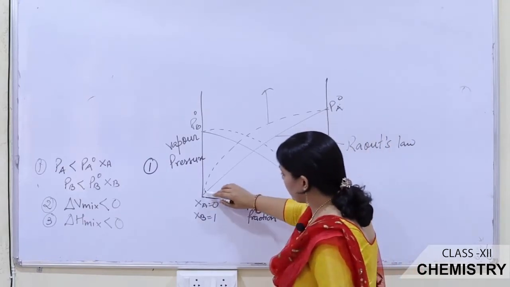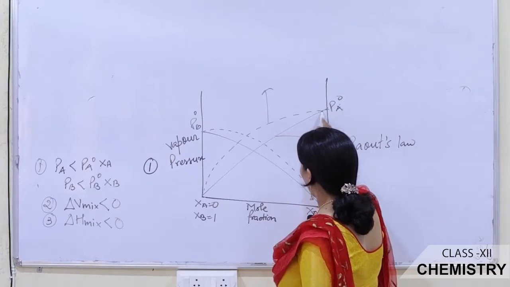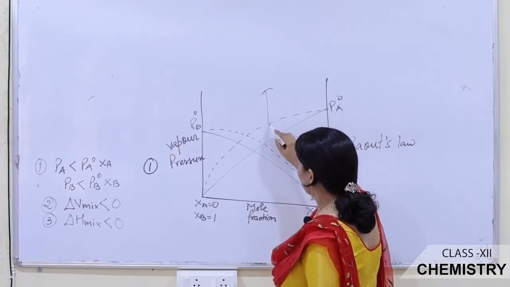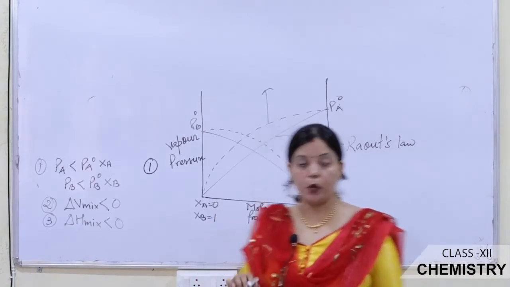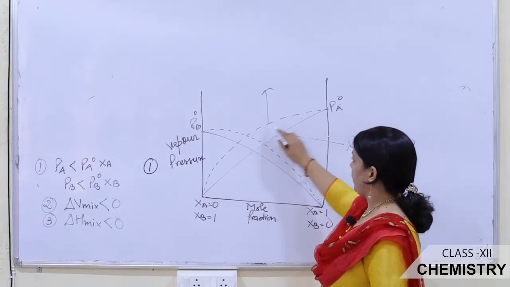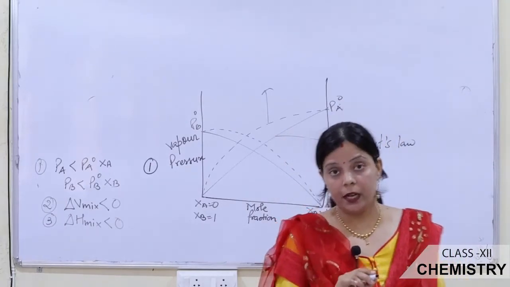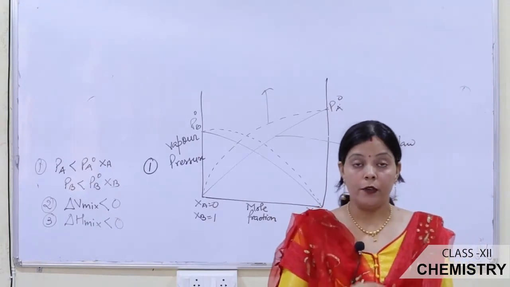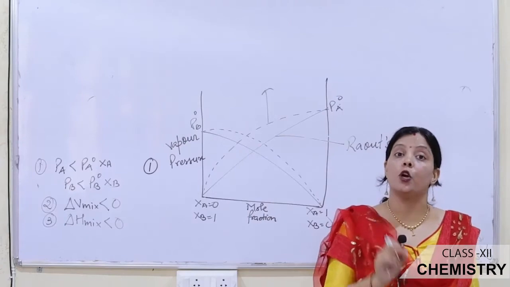But in this case, the dotted line is the plot which shows the non-ideal solution with positive deviation, because there is an increase in the vapor pressure, and this increase is understood on the basis of the interactions between solute-solute, solvent-solvent and solute-solvent.